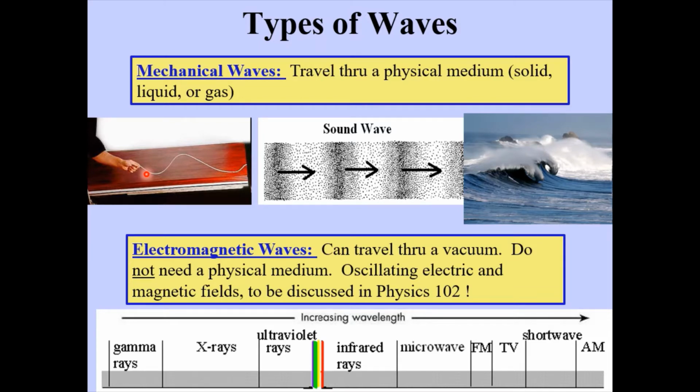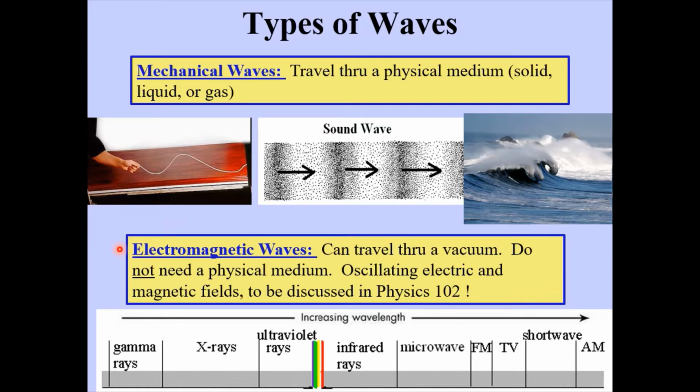It's an elastic material. A sound wave that we just saw travels through a gas. Typically, sound also travels through liquids and solids, but when we think about sound traveling through the air, that wave is traveling through the gas of the air itself. And then ocean waves, of course, are waves that are traveling through a liquid.